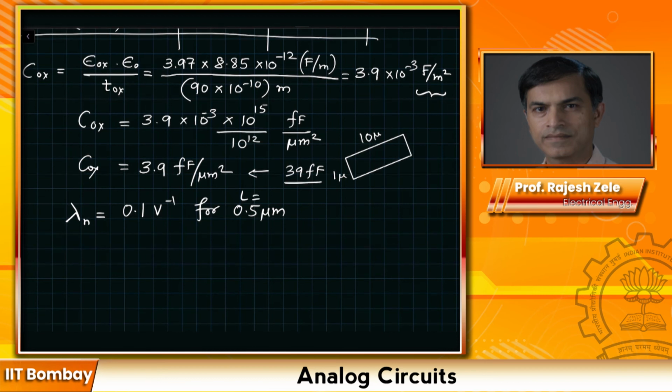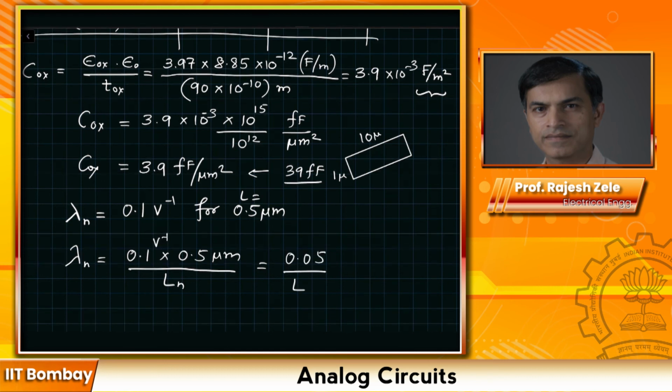So if you are using an NMOS transistor with different channel length, then how do you compute lambda for that particular transistor? A simple formula is, we know that as channel length increases, lambda will reduce. So the generic formula becomes lambda n is equal to 0.1 multiplied by 0.5 micron divided by Ln, and that would be equal to 0.05 divided by Ln volts to the power minus 1.